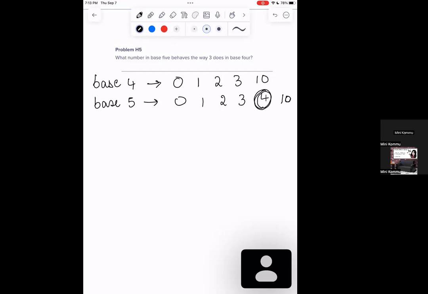In base 5, 4 is the greatest digit before you go to double digits. In base 4, 3 is the greatest digit before you go to double digits. So that is the common property. After 3, you're going to double digits in base 4. After 4, you're going to double digits in base 5. So I'm going to circle both 3 and 4. All right.